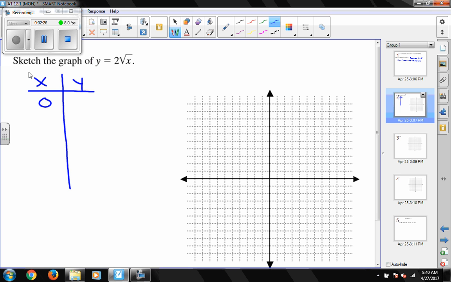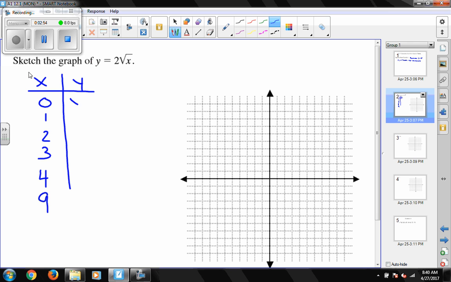It's not positive, but it's not negative either. We'll check 1. You can check 2 and 3 if you want to. They're not going to come out to be nice, pretty numbers that you can graph easily, but you'll get some decimal numbers. And then I want to check 4 and 9. I pick 4 and 9 because they're perfect squares, so when I take the square root of them, I can go ahead and get that.